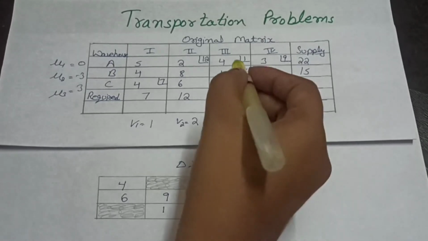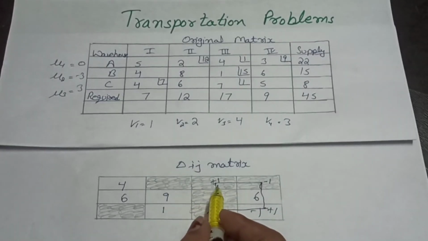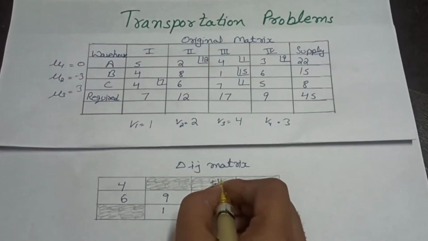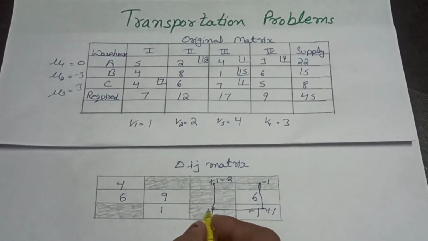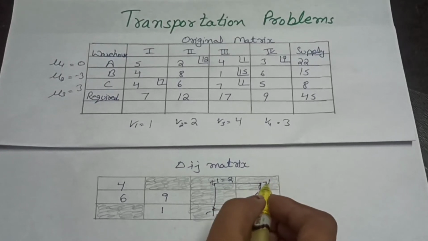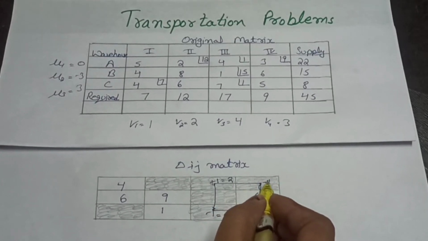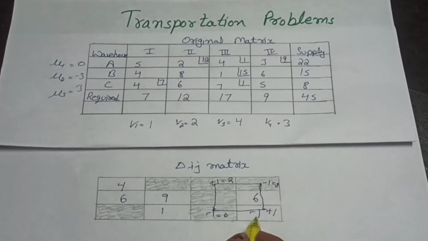Where we already have an allocation of 1, if we add 1, 1 plus 1 is equal to 2. Here we will subtract 1, so 1 minus 1 is equal to 0, means nothing. Here we will write minus 1, so 9 minus 1 is equal to 8. Here we have nothing, so we add plus 1.